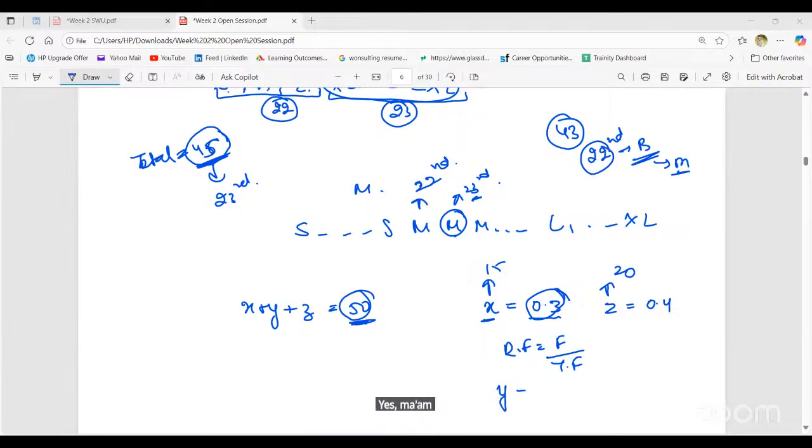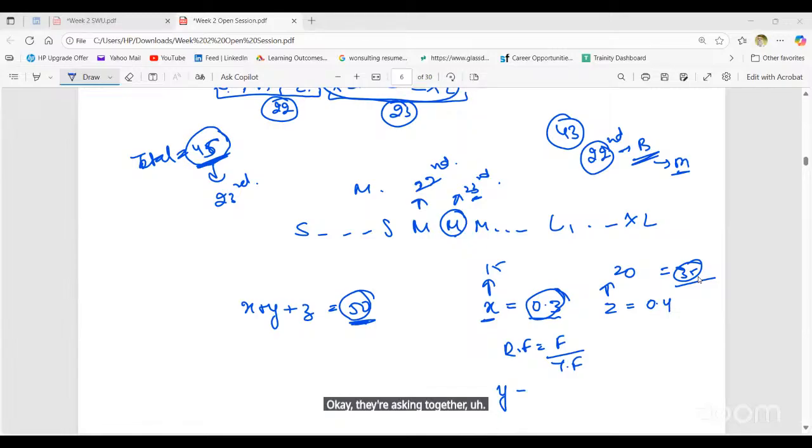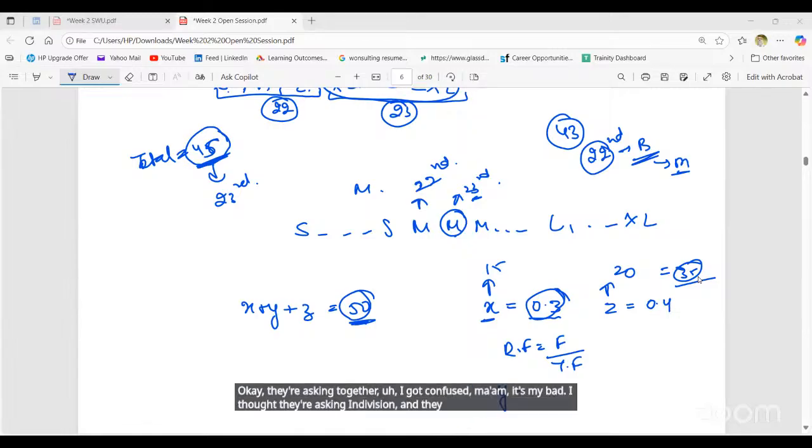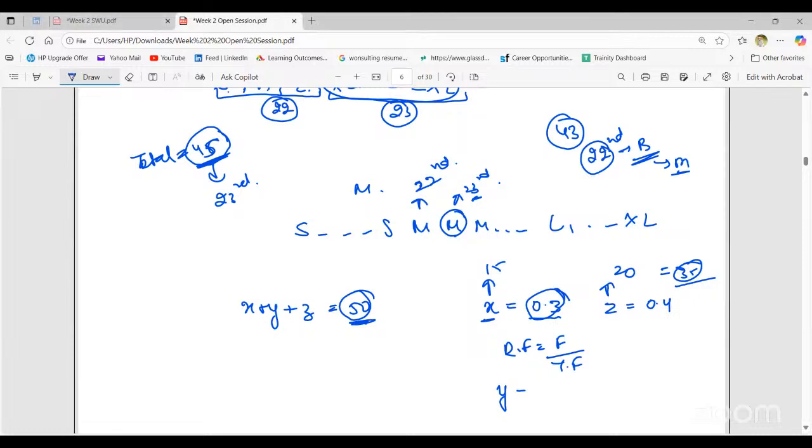You have to add it, right? 20 plus 15, which will be equal to 35. Okay, they're asking together. I got confused, ma'am. I thought they were asking in division and they had given the same answer. They're asking cumulative. Cumulative means both of them, addition. Okay, ma'am. Got it.